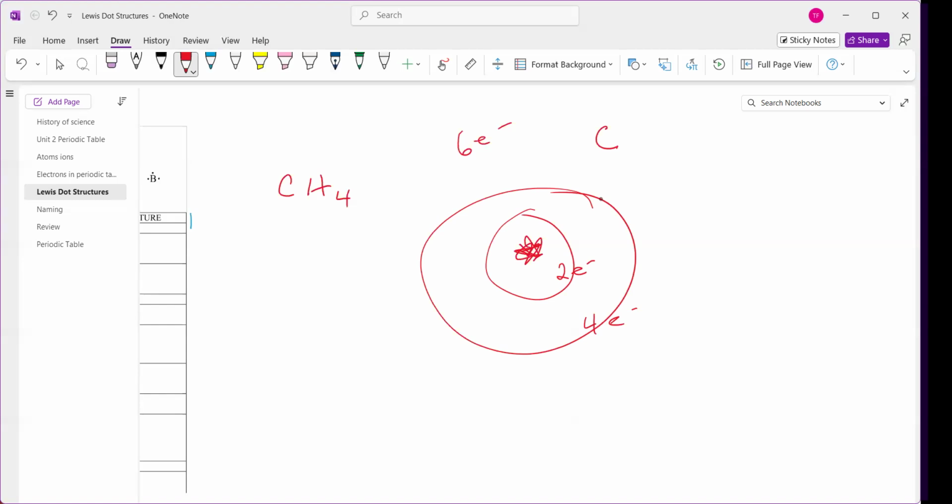Now, there are 2 kinds of electrons, as I mentioned, core, and valence. Now, core electrons are the innermost electrons. They are super stable.